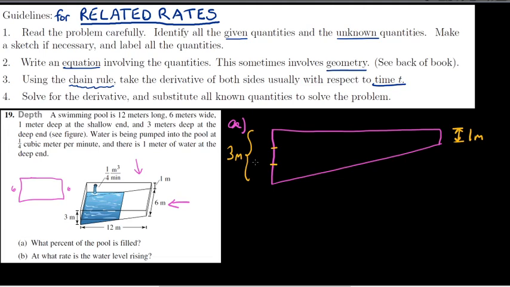And right now, there is 1 meter of water at the deep end. So this is your 1 meter here, and then all of this is just water. So fill that in with water. There we go. So what percent of the entire pool is filled with water?